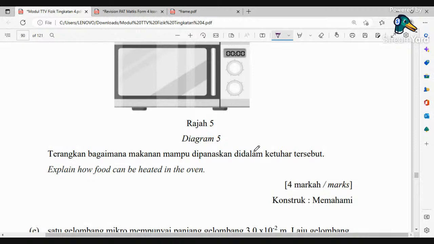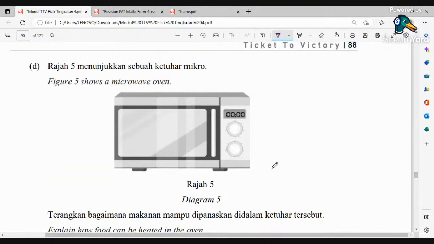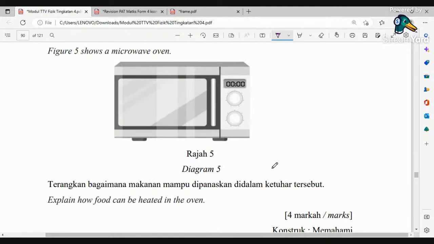Knowledge question. This is microwave oven, not in the oven only.